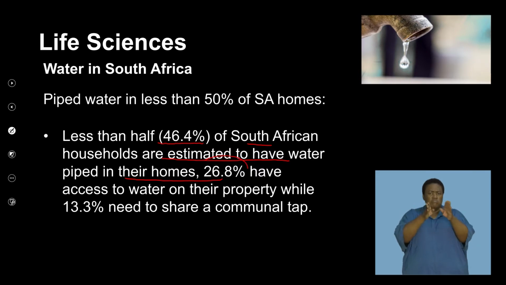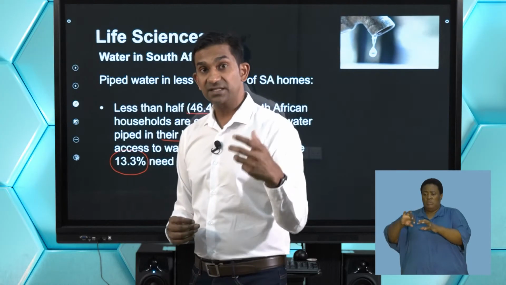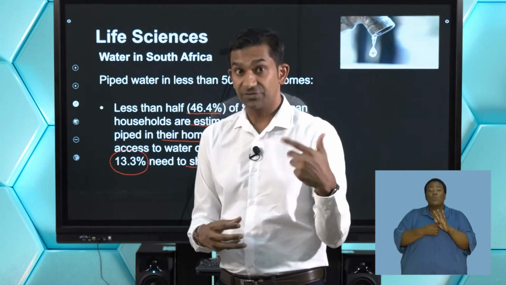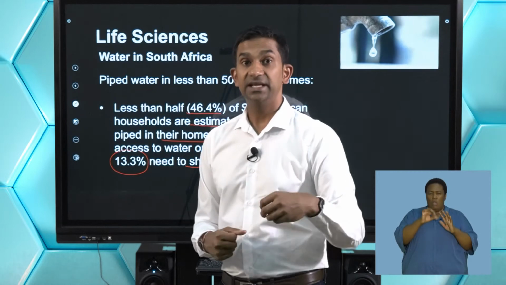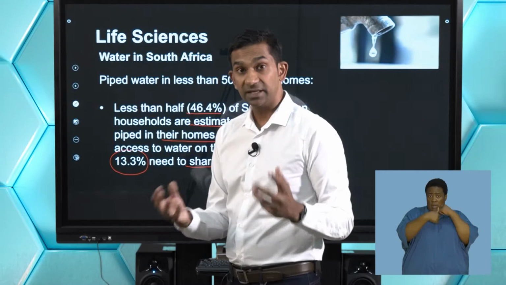Of that, 26.8% have access to water on their property, while 13.3% need to share a communal tap. These stats point to how water is available, but not necessarily as efficiently and effectively to people in our country.